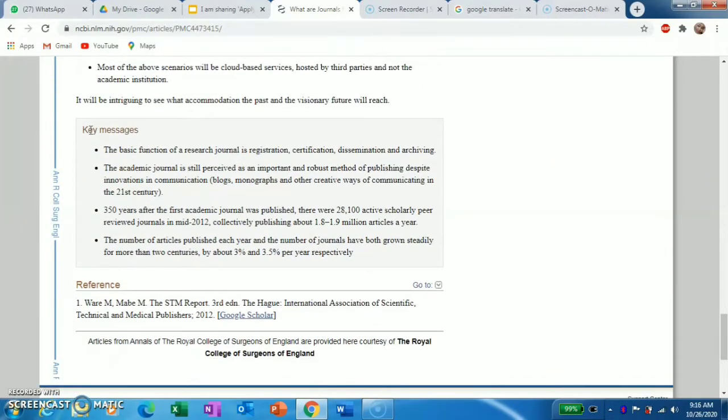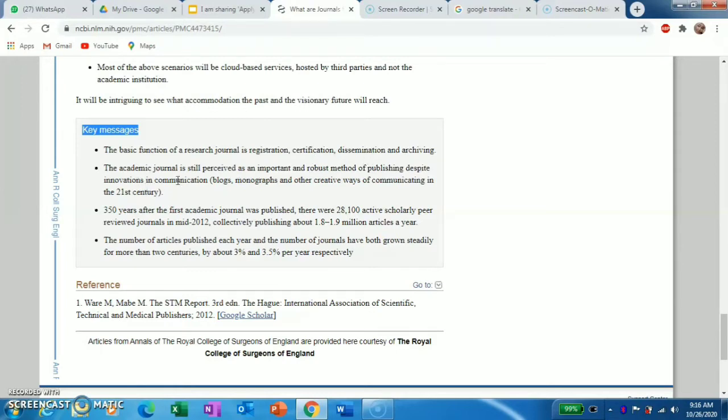Yeah, this is the key message. By reading this key message first, I gain a sense of the most important information in the journal. The basic function of a research journal is registration, certification, dissemination, and archiving.